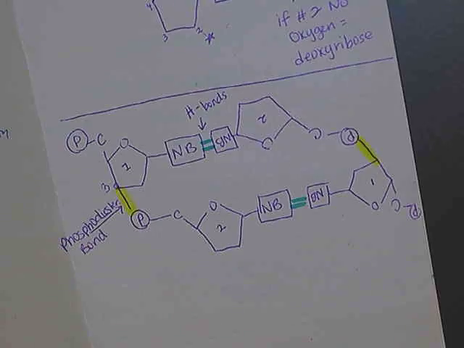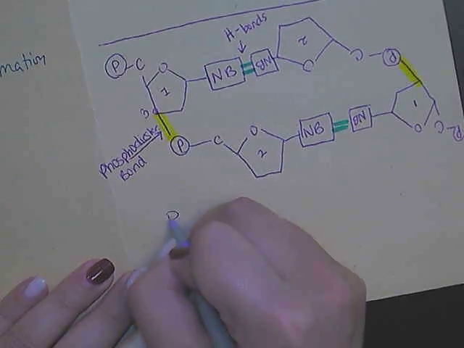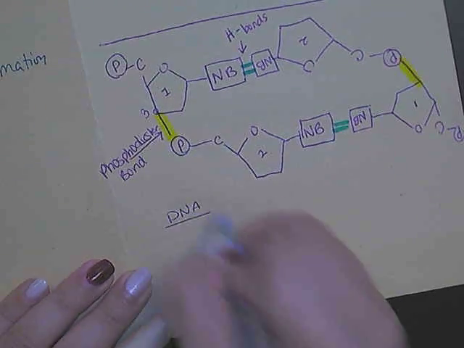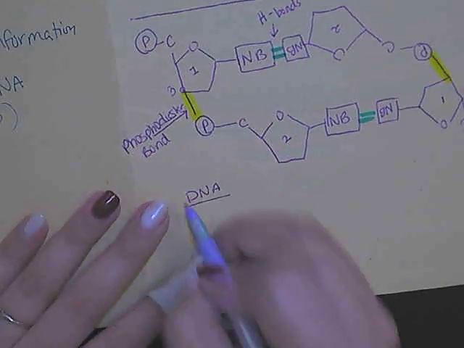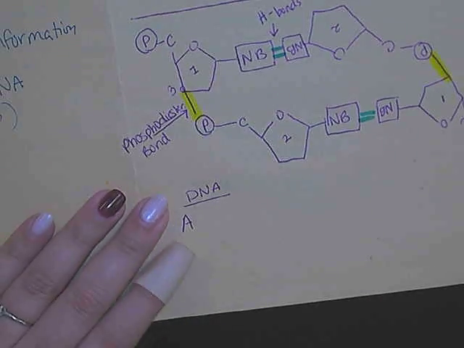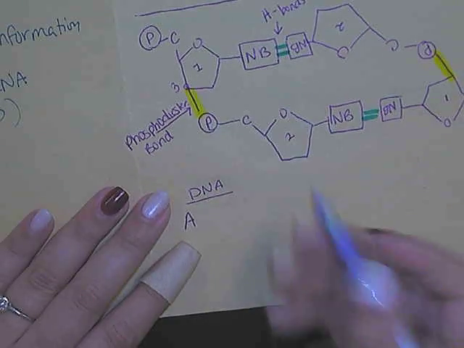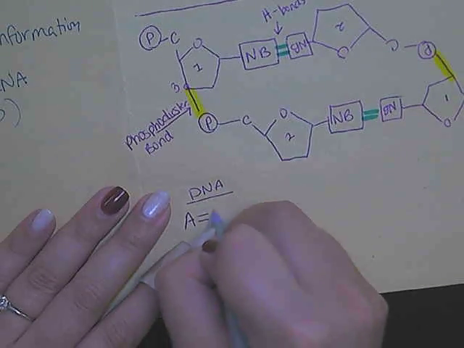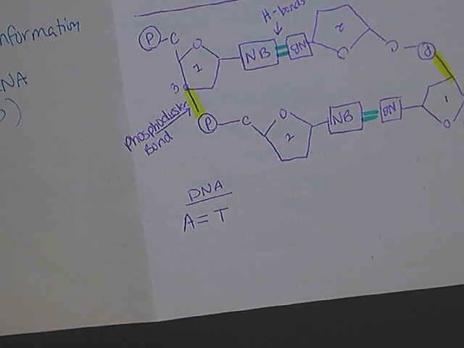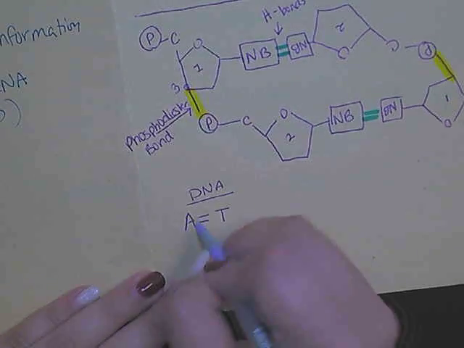Those hydrogen bonds will form according to what are called Chargaff's rules. Chargaff's rules for DNA are that adenine is going to pair with thymine. But it's not just a single hydrogen bond that's going to form, it's actually a double hydrogen bond that will form between the A and the T. Chargaff's rules are also mentioning that the proportion of cytosine to guanine is always the same.